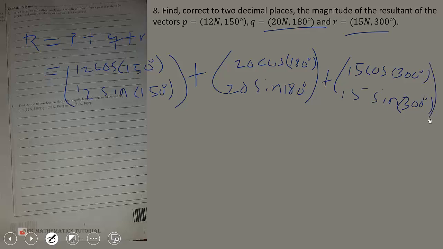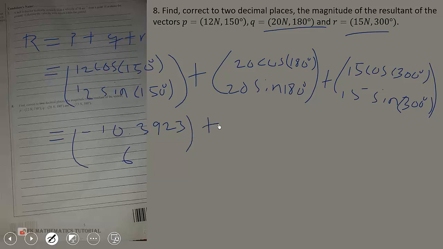So let's go. 12 cos 150. Make sure that your calculator is set to degree mode before you type these values. That will give you negative 10.3923. Then 12 sine 150 gives 6.